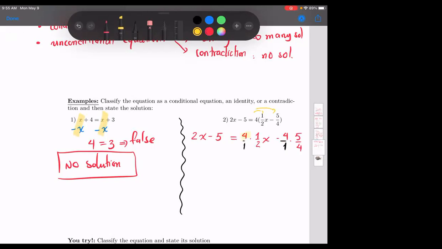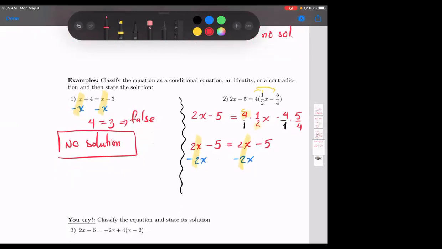Okay, so 4 divided by 2 gives me 2 on the top, so 2x. The 4 is gone, so -5. 2x minus 5 equals x minus 5. Is that true? Yeah, right. But if you want, you can do more. Let's subtract 2x from both sides. So now -5 equals -5. Is -5 equal to -5? Yes, right? It's true. So true.